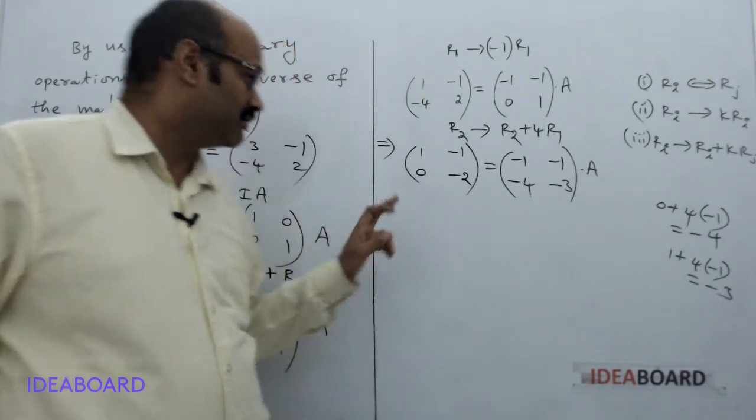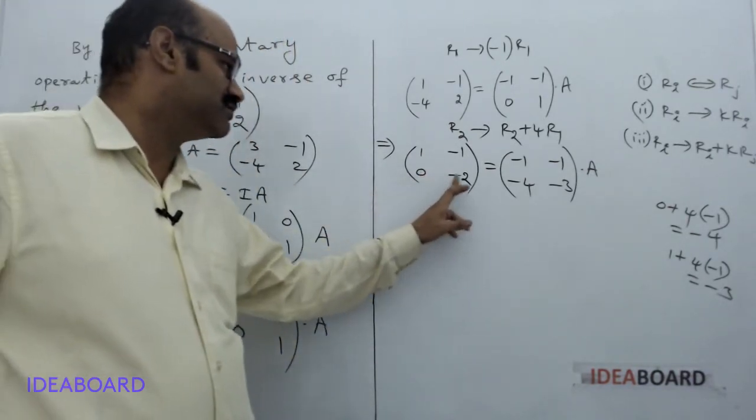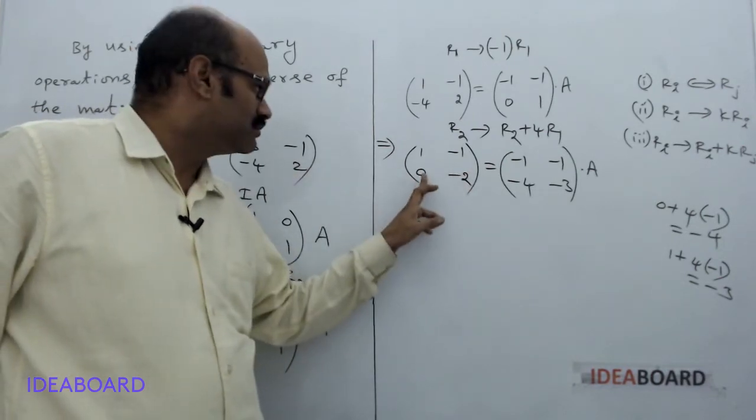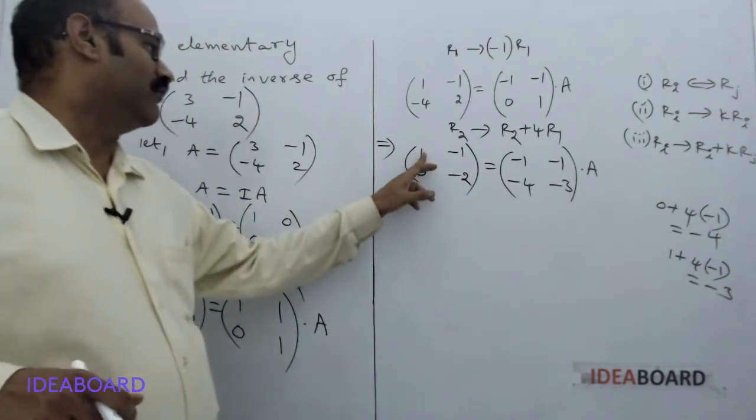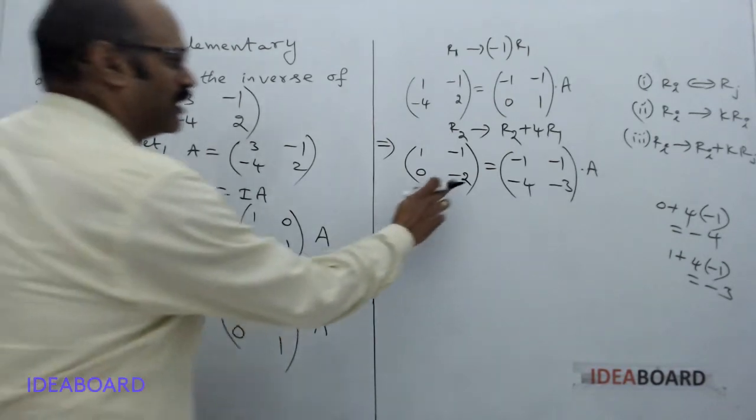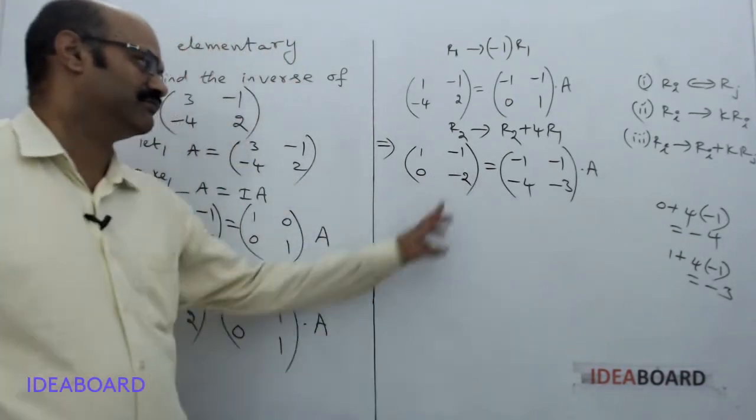Now here we have to get 1 0 0 1. In this place we should get 1 here.